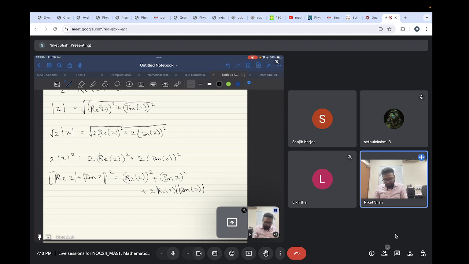So what we want to prove is that equation 1 is greater than or equal to equation 2. Let's try and see that 2 real z square plus 2 imaginary z square is greater than or equal to real z square plus imaginary z square plus 2 real z imaginary z.